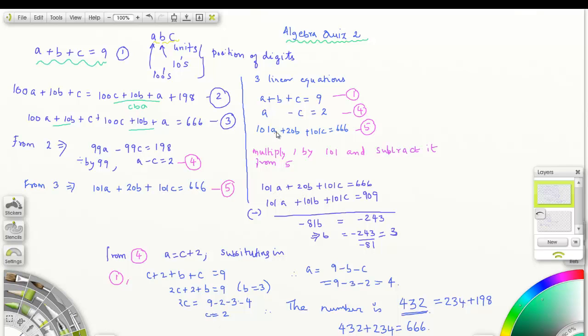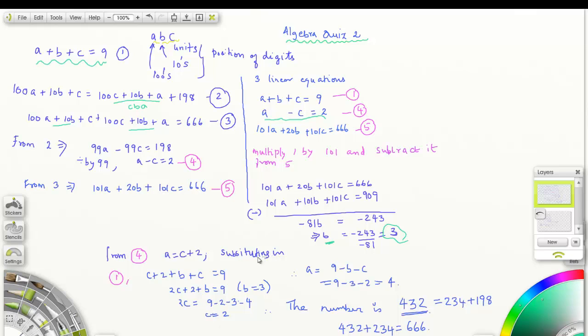So multiplying the first equation by 101 and then subtracting it from the fifth equation, you get 81B is equal to 243, from which we get B is equal to 3. Also, we get from 4, A minus C is equal to 2. So I get A is equal to C plus 2.